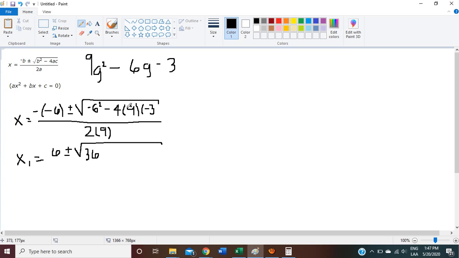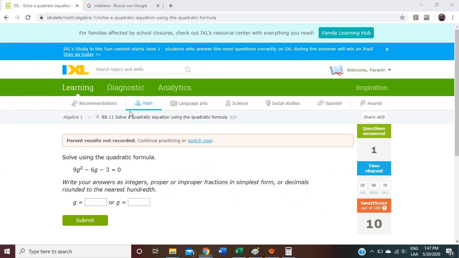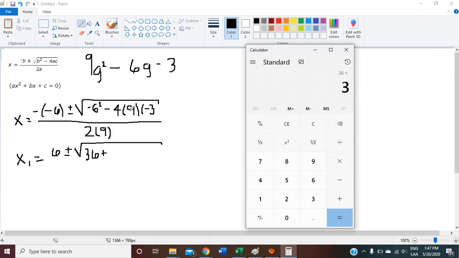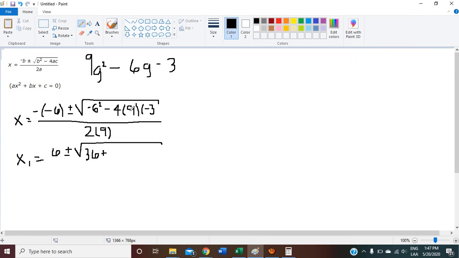Negative times positive equals negative, and negative times negative equals positive. 4 times 9 equals 36, and 36 times 3 equals 108. All right. So let me erase this part. Okay, all of this divided by 2 times 9 equals 18.